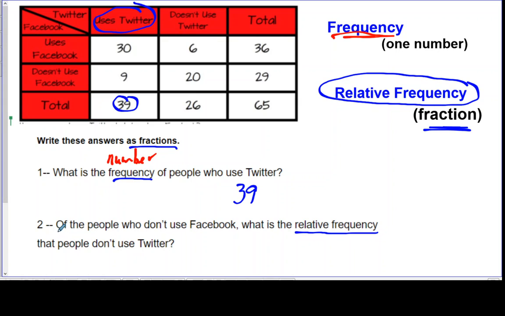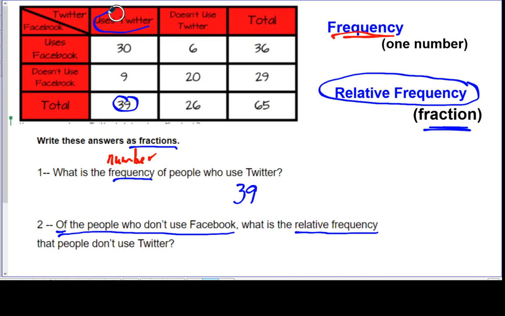This is our clue right here, of. When we need to find the relative frequency, look for the word of or the same as of. That will tell us what the total is. That tells us what the denominator is. So this part right here, of the people who don't use Facebook, that tells us what the denominator of our fraction is going to be.